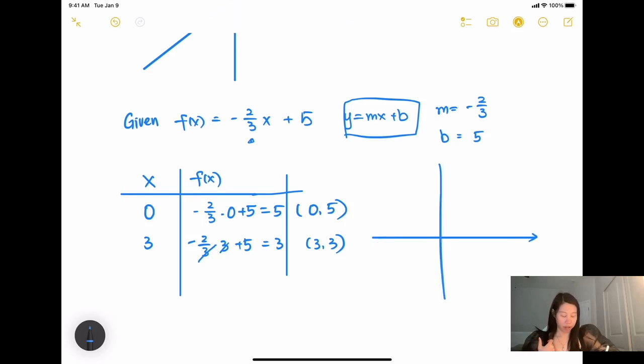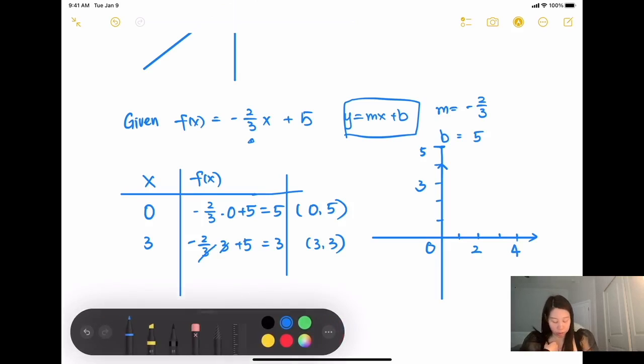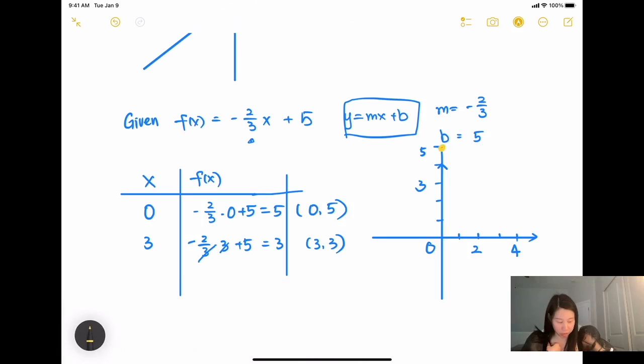So the graph is going to be... Okay, now we need to find 2 points. The first one is 0, 5, which is here.